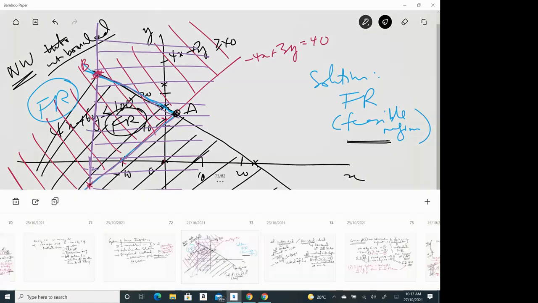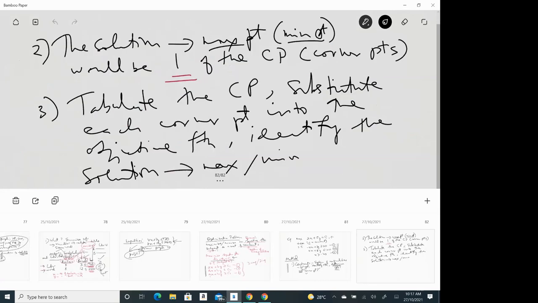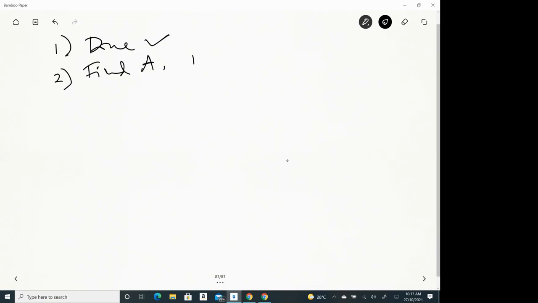In order to do that, we already know the method. Once you draw the graph, which is step number 1, that we already did, number 1 is done. Number 2, determine the corner points. So you need to find point A, point B, point C.